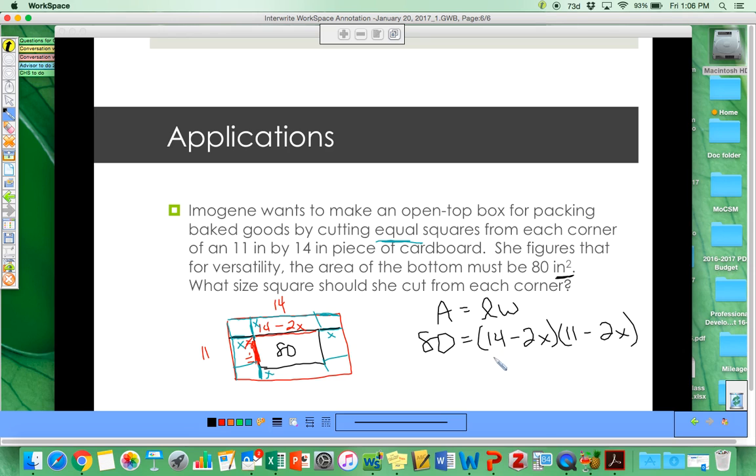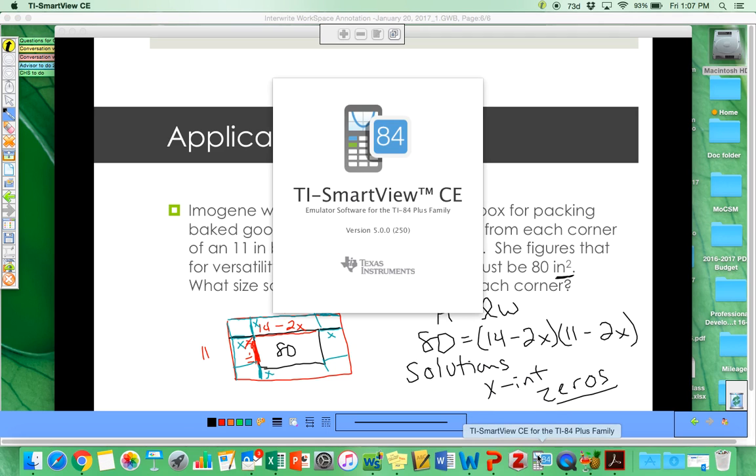I do have a note that we could be finding this on the graphing calculator because remember, if you're finding the solutions, you are also finding the x-intercepts, which on the graphing calculator are known as zeros. So I'm going to give this one more shot to see if it's going to play nice.